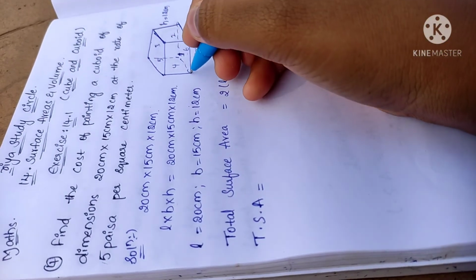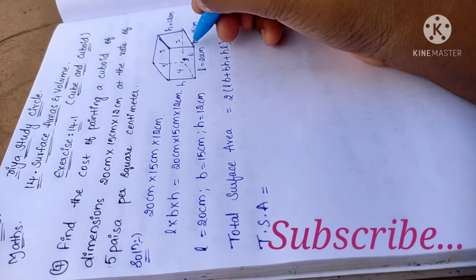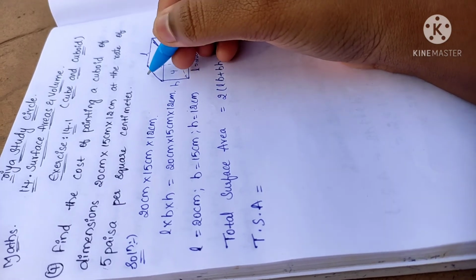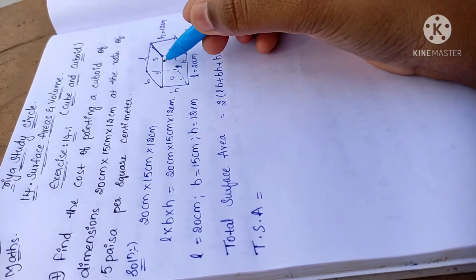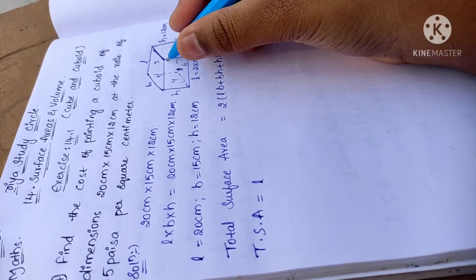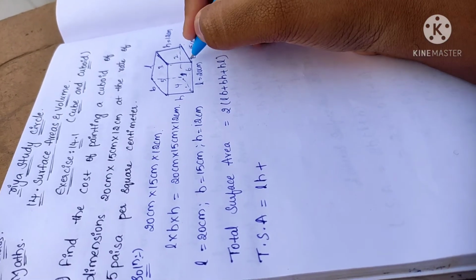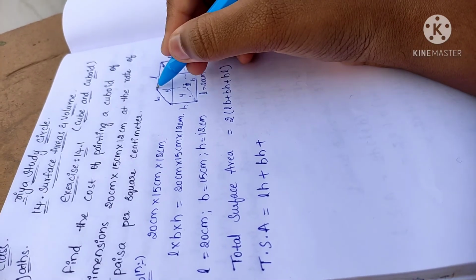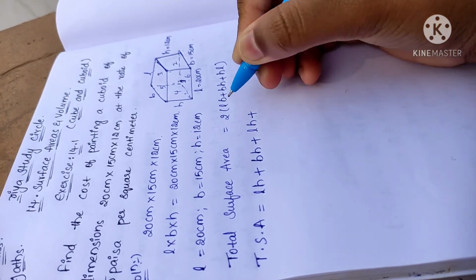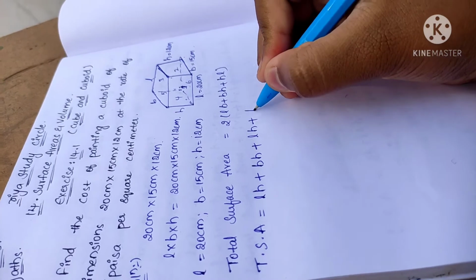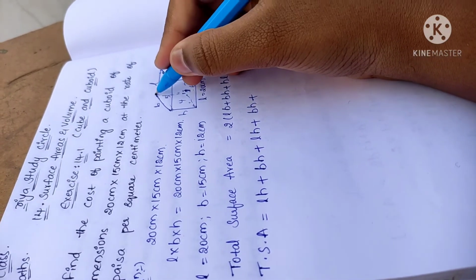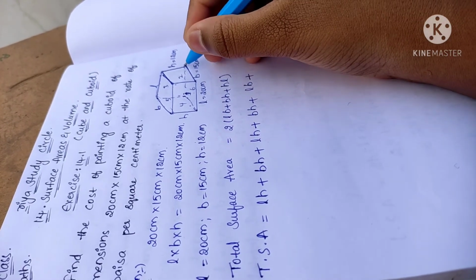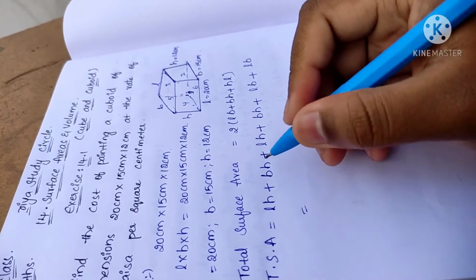Total surface area equals the area of the first face, which is L and H, then B and H, then L and H again. For the sixth face, it is B and H. So the first face area is L into H, that means LH, plus the second face area B into H, that means BH, plus the third face area L into H, LH, plus the fourth face area B into H, BH, plus the fifth face, the top face, area L into B, that means LB, plus the bottom face area, breadth into length, that means LB.